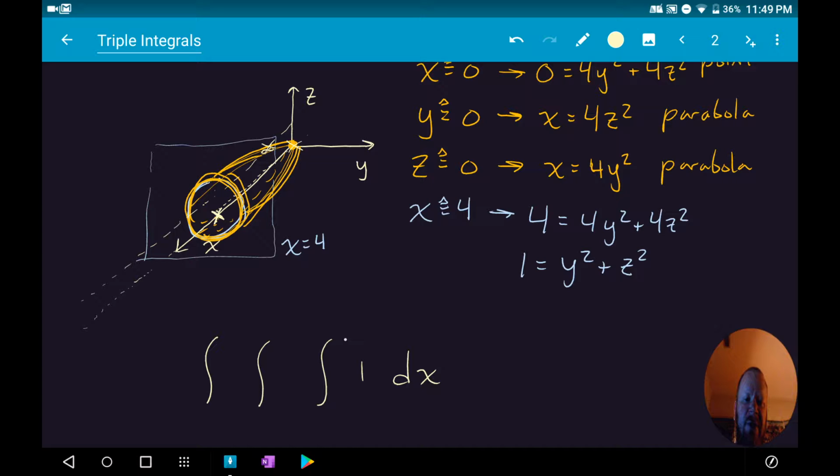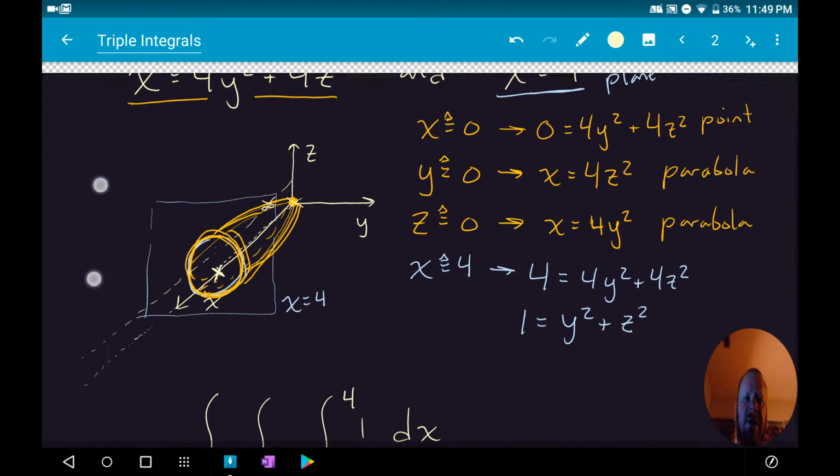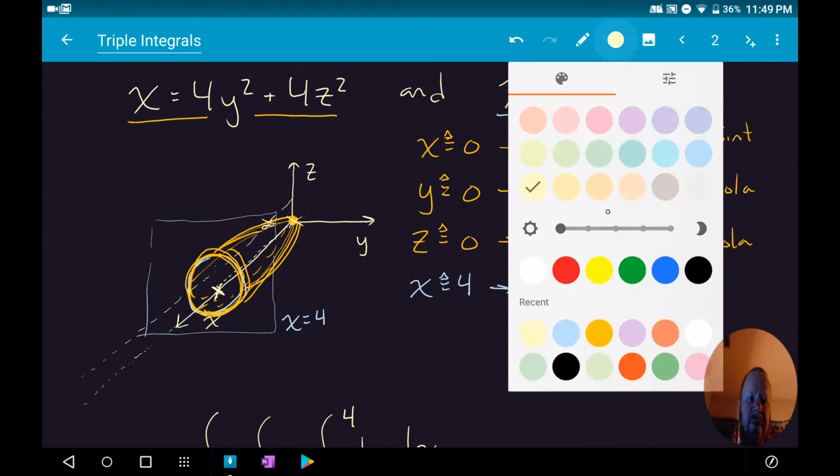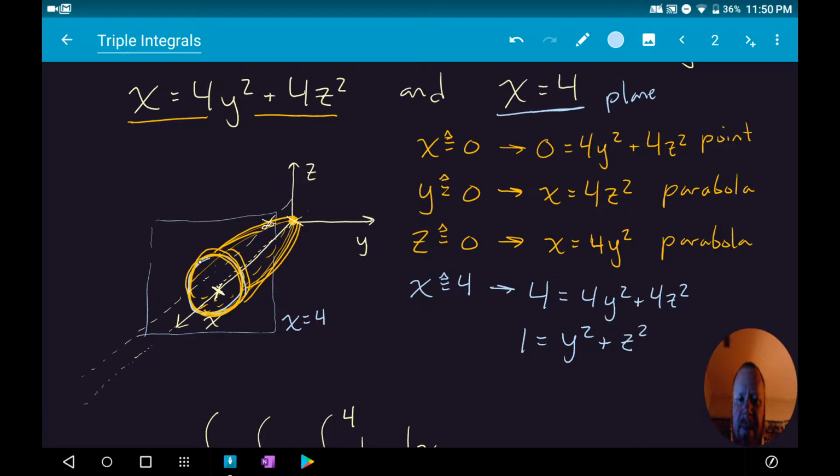So my top surface is going to be 4. My bottom surface is going to be this 4y squared plus 4z squared. So I'm actually going to draw that in the same.